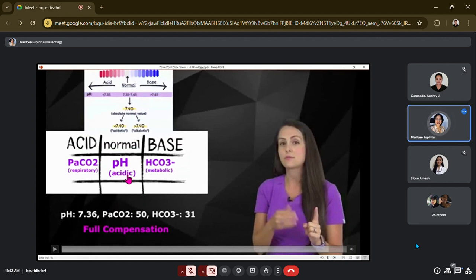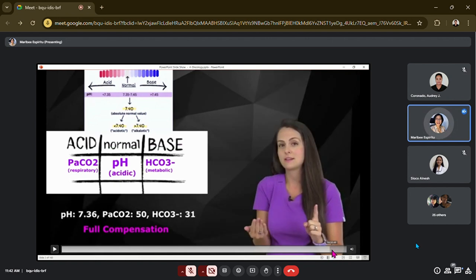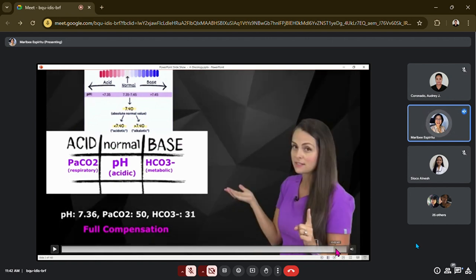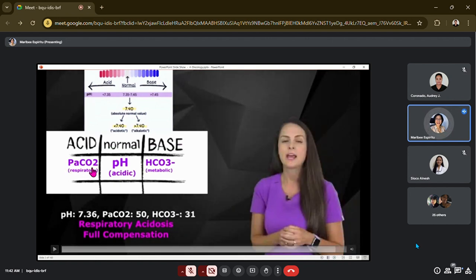The next step, ano yung kapareho niyang acidic? Is it the PaCO2 or the bicarbonate? So it is the PaCO2. Alright? So the condition is respiratory acidosis fully compensated.